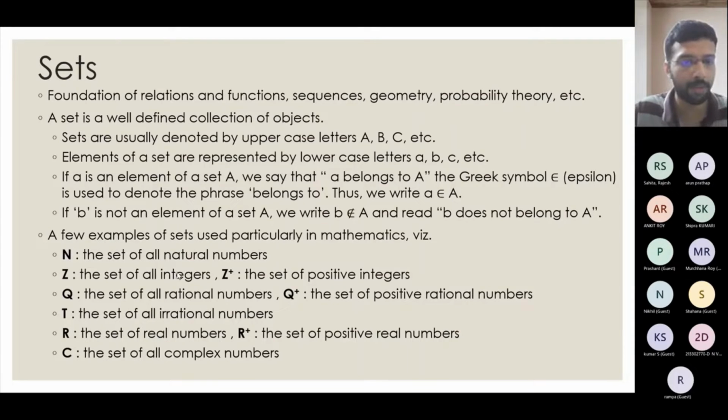Similarly, R plus for positive. And C is the most comprehensive one, which includes all the complex numbers. Now, when we go further into machine learning and data science, we will introduce multiple dimensions, tensors and so on, which will again build upon all these sets. So these are some of the basic sets that we are concerned with when discussing mathematics.